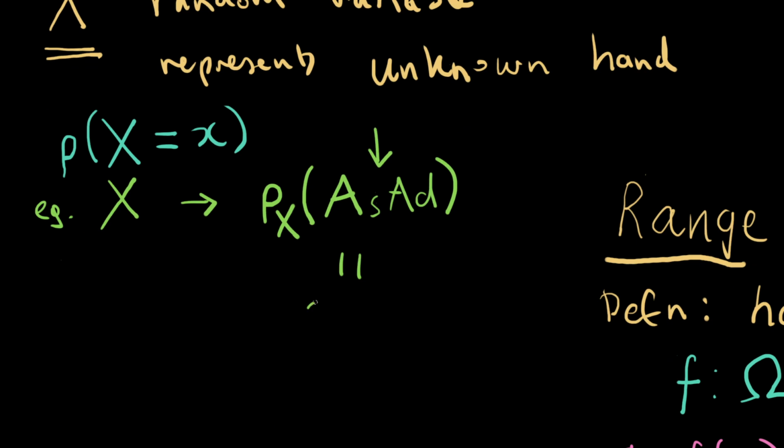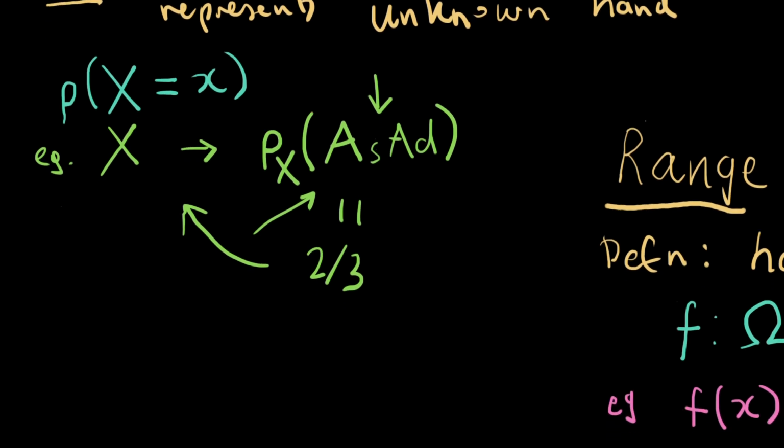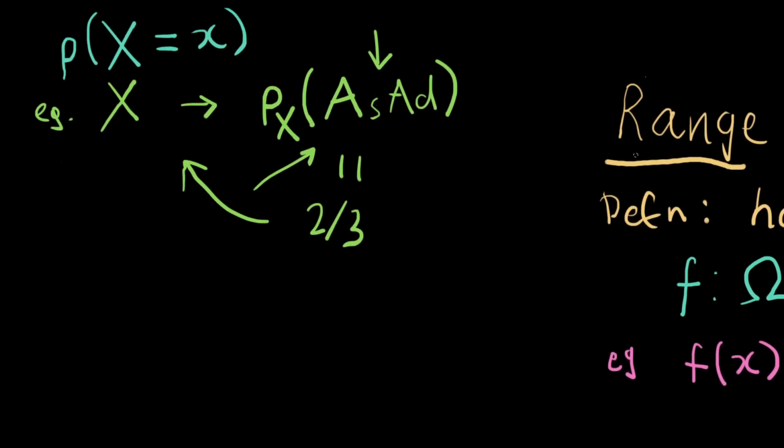Here, for example, it would be 2 over 3, a number that represents the probability that my opponent's hand is that combination. And this is useful for a whole bunch of mathematical reasoning that we'll use later on, for example when we're calculating stuff like expected value.